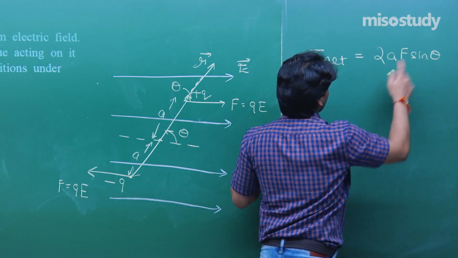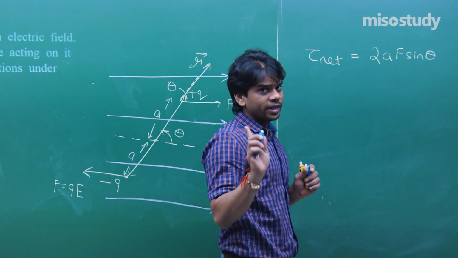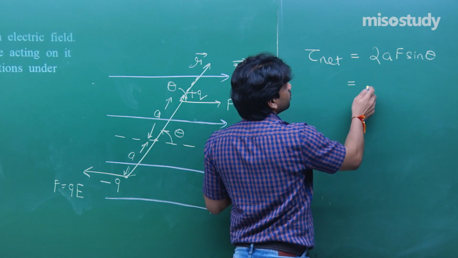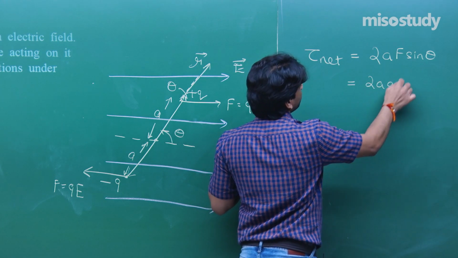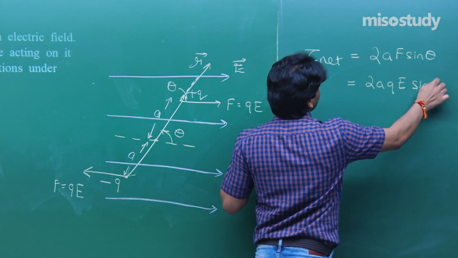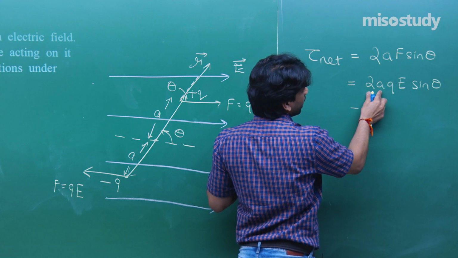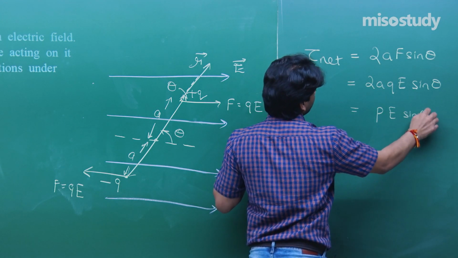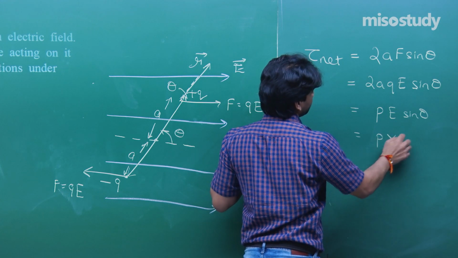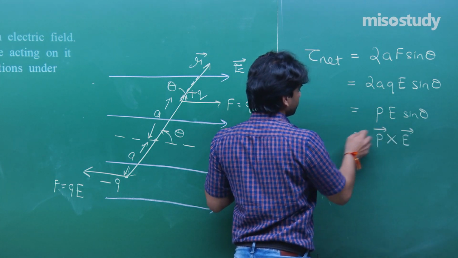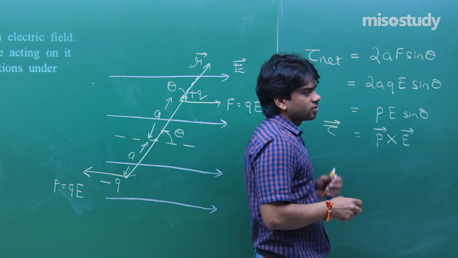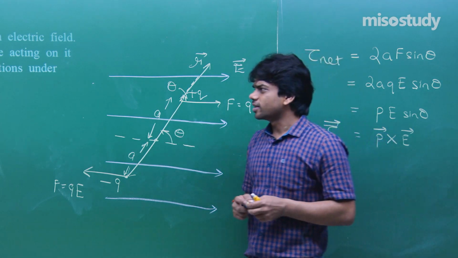I am writing some things directly because you have already seen it in class. 2AF sine theta, and F is QE, so 2AQE sine theta, and 2AQ is P, so PE sine theta, or P cross E. This is the value of torque, P cross E, which we have already derived, not too big a thing.